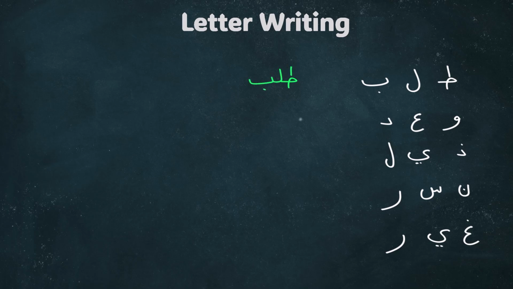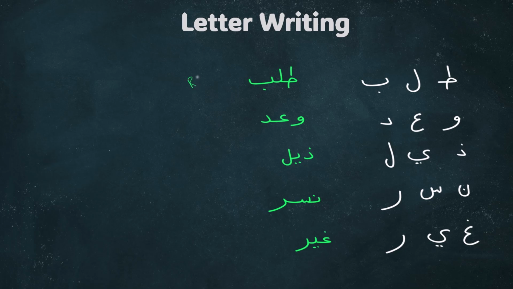And then وعد, واو, عين, دال. And ذيل, ذال, ياء, لام. And نسر, نون, سين, راء. And غير, غين, ياء, راء.